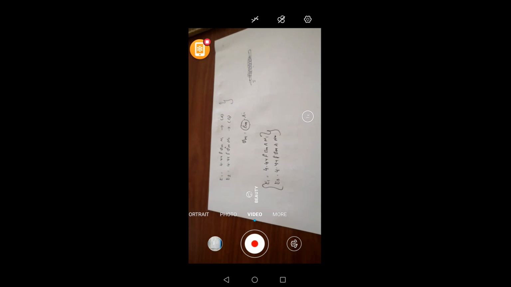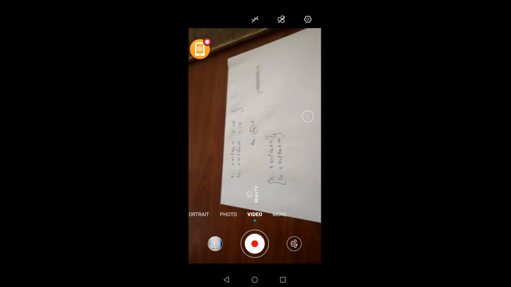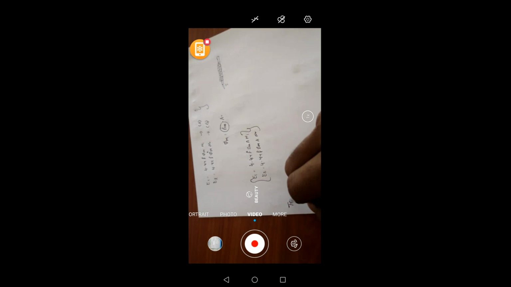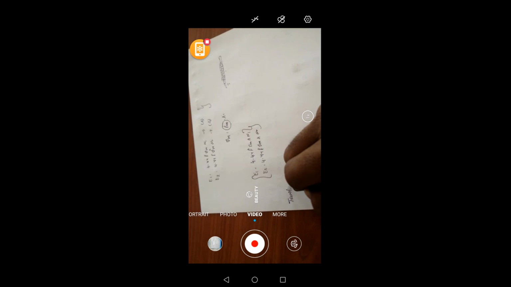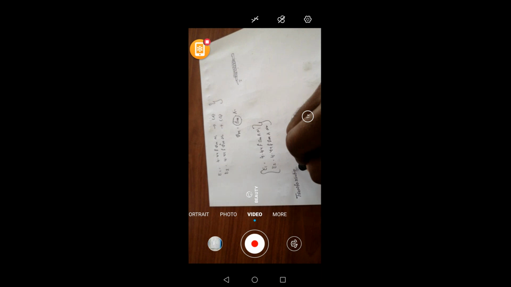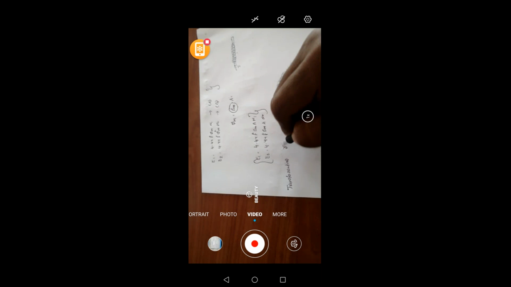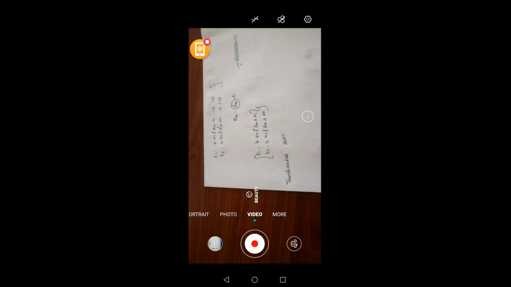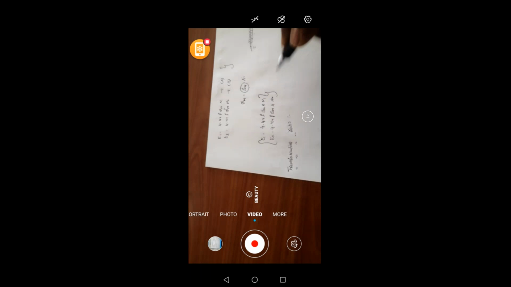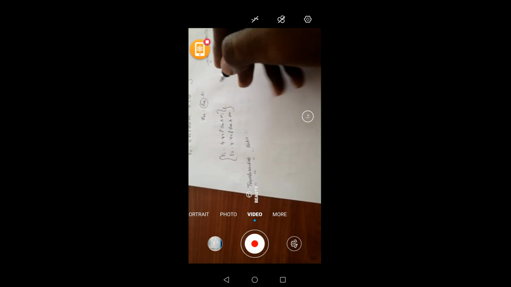Now from these equations we can find the transformation ratio. The transformation ratio we represent by K, right?